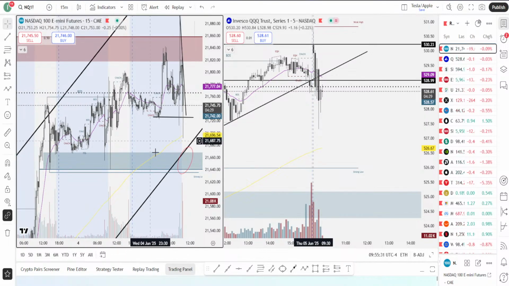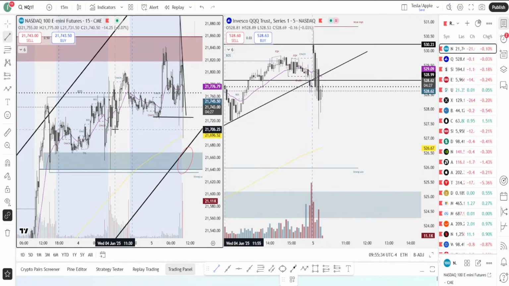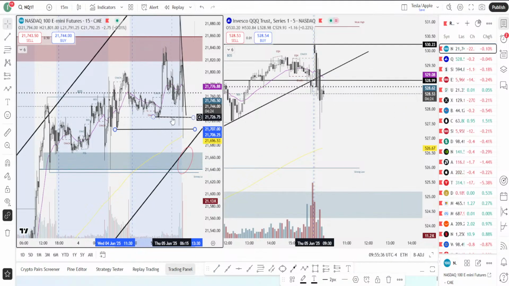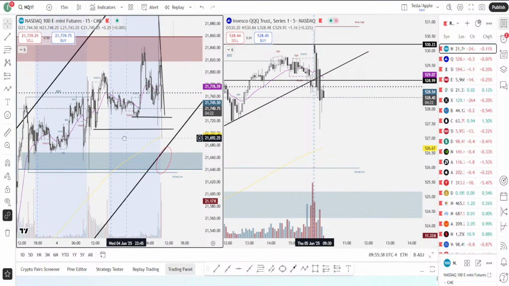Let's see. Okay, so we ran the liquidity on this low here. This could be why price is pulling back now.